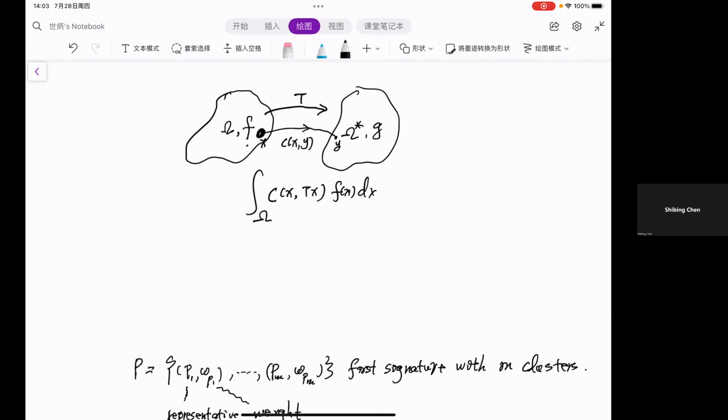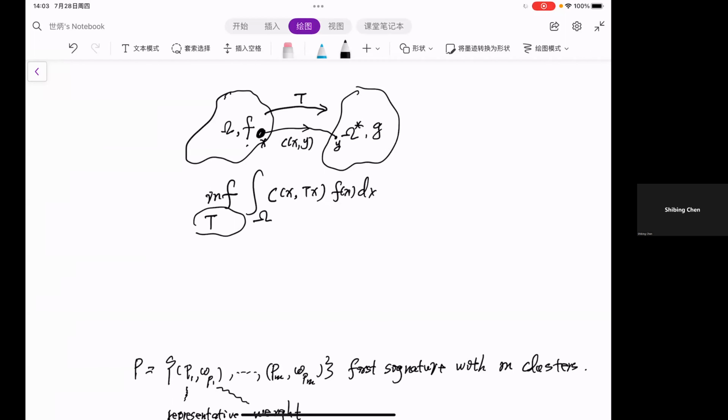This is the total cost for this transport plan, or transport mapping. In real applications, we want to minimize the total cost among all admissible T. But if you don't impose any condition on T, then the problem is not well posed, because it doesn't make any sense.